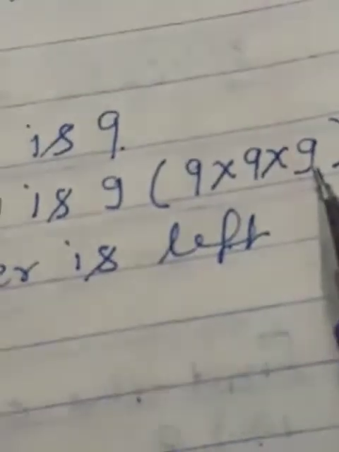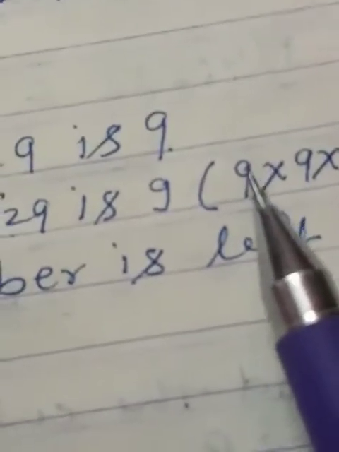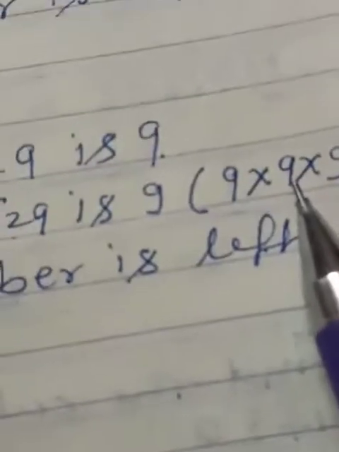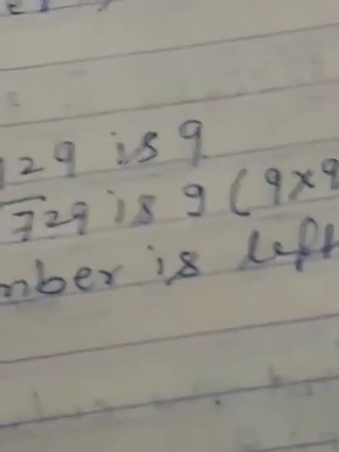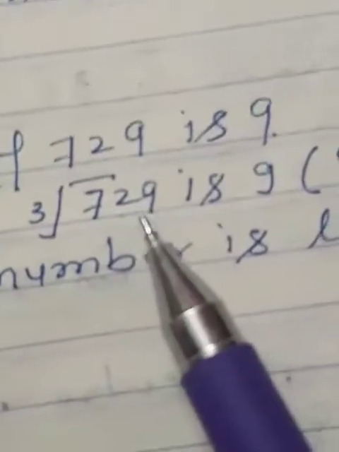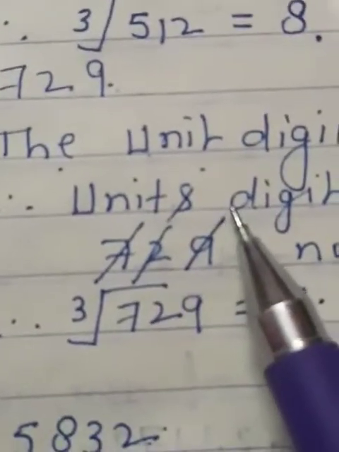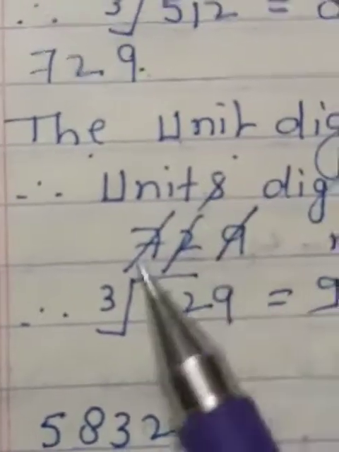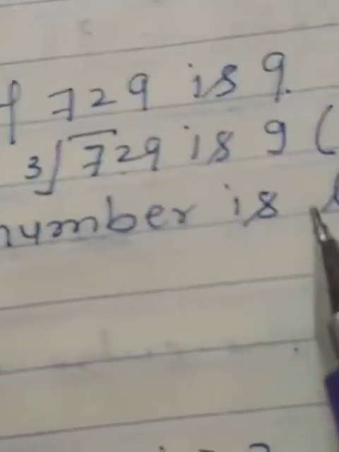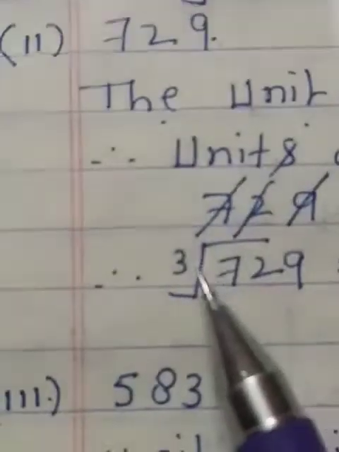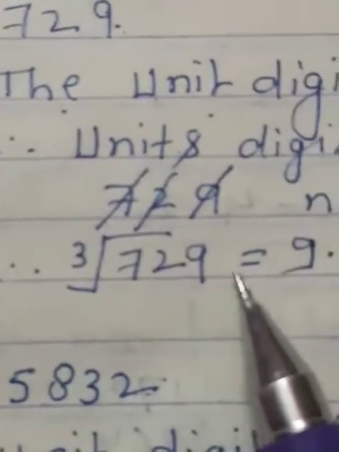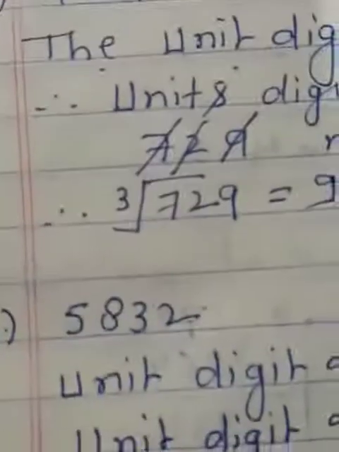Why? Because 9 × 9 is 81, and 81 × 9 is 729, and the last digit is 9. Now when we write 729 and cut three digits from the right side, no number is left. Therefore the cube root of 729 is equal to 9.